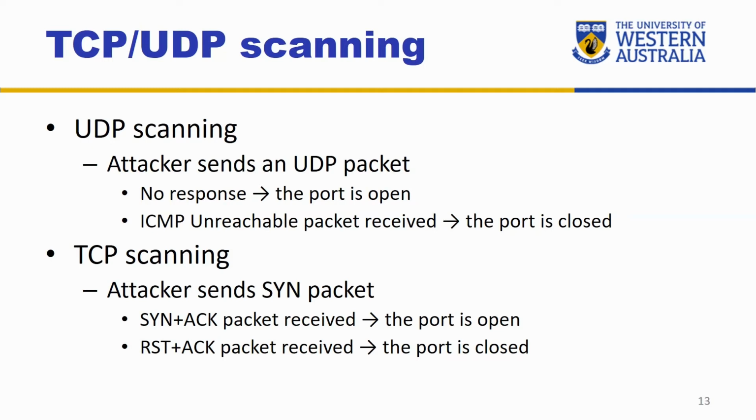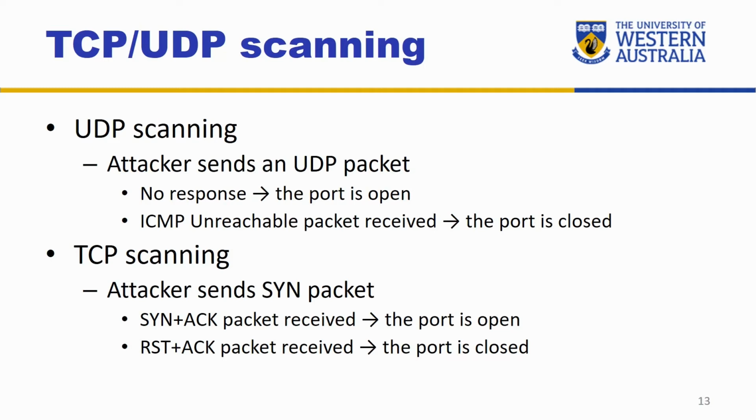If you receive a reply saying this ICMP packet is unreachable, then the port is closed. Essentially, if it is open, it will receive those packets and try to process them, hence there's no response. But if the port is closed, then it will send back a message saying this is a closed port. Why are you sending this packet here?